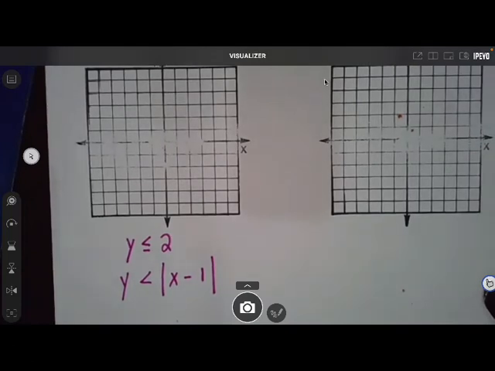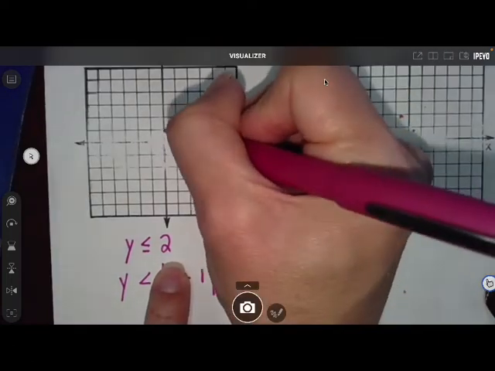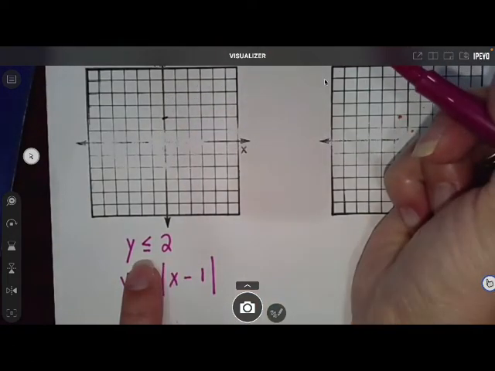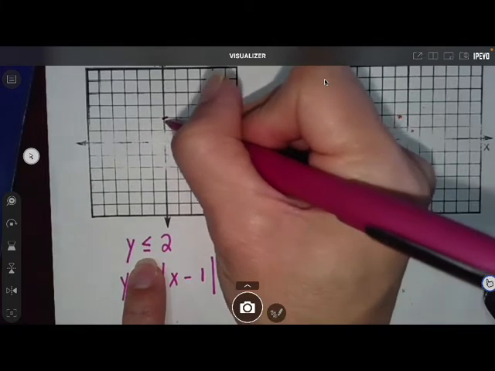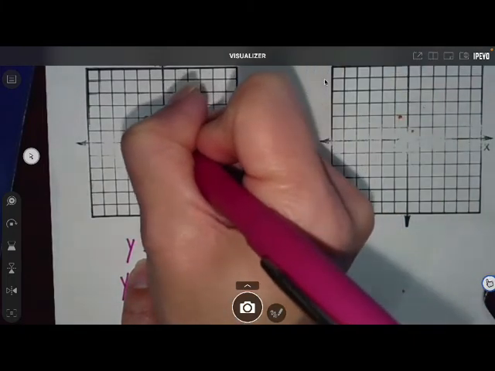Okay, so the first one, what kind of line is this? It's either horizontal or vertical, remember? So we're going to go up to 2. This is going to be a horizontal line. And is it going to be a dotted or a solid line? Solid. Okay, so I'm going to draw this line right here.